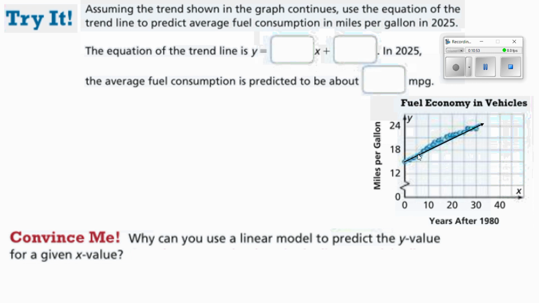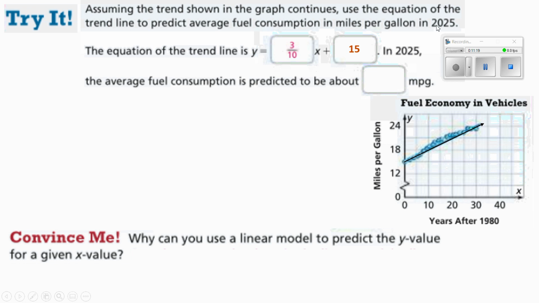Now I know I go up, let's see, I'm going up 3, because every one of these is 3, and then I'm going over 10. So that would make my slope 3 over 10, and that would make my y-intercept 15. All right, so now the average fuel consumption is predicted to be about what?